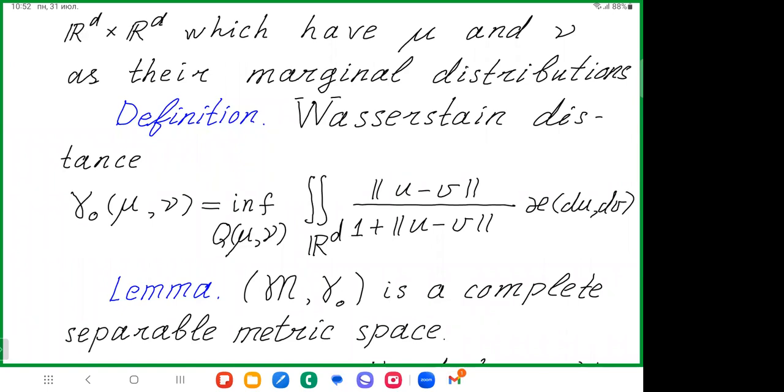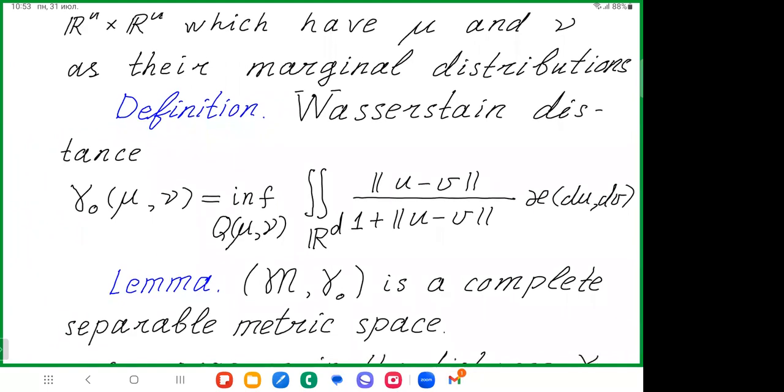What about completeness? As we said, at least we have some feeling that it is related to weak convergence, because this distance, which is inside of the integral, is related to convergence in probability. But it is interesting to know that a weak limit of probability distributions is also a probability distribution. So we understand that completeness of M_gamma_0 comes from this reason.